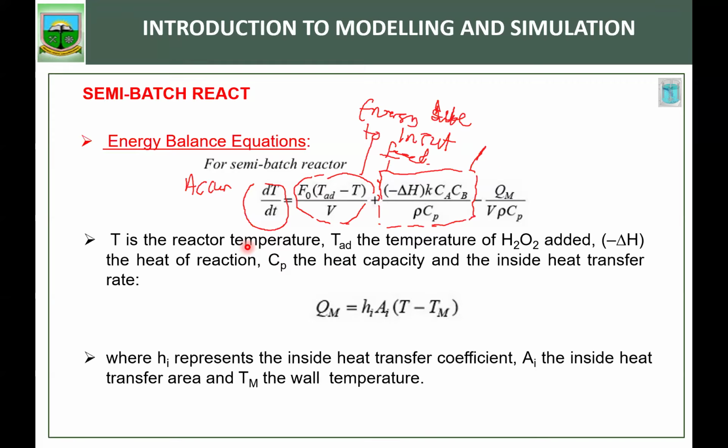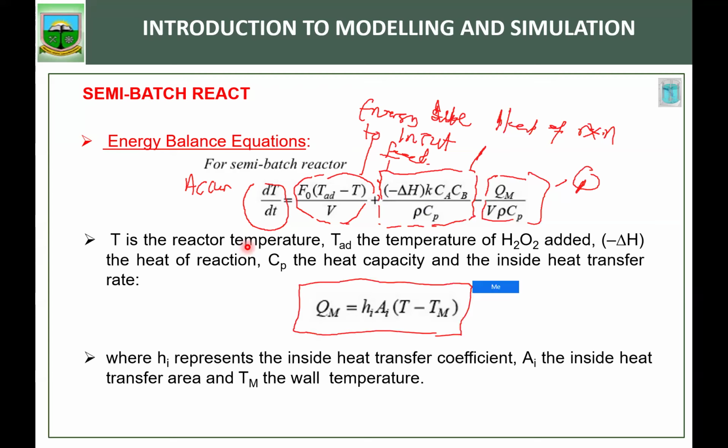So this is the heat of the reaction. Then this one here is due to the Q. That's the energy term that is being added or removed. That is from the heating and then the cooling system. Okay. And so you see that Q here is equal to UA on this, where this one here could be from the heating jacket or the cooling jacket.